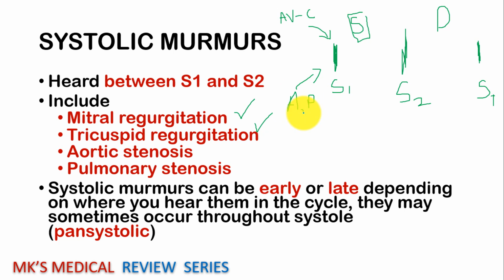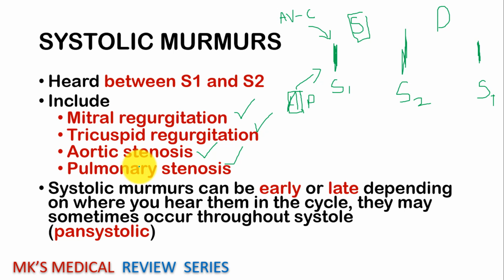And remember, when valves open, ideally they shouldn't make any sound. If they make a sound, it means there is a problem, and this problem is often narrowing of the valve. So aortic stenosis and pulmonary stenosis are going to give you systolic murmurs. The four predominant systolic murmurs are mitral regurgitation, tricuspid regurgitation, aortic stenosis, and pulmonary stenosis.